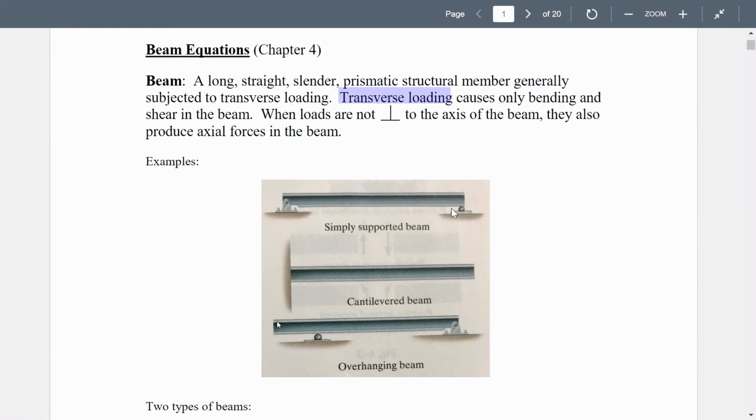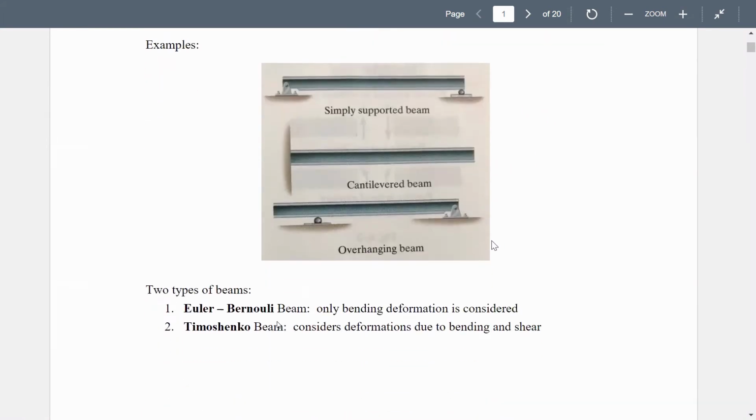To solve these beam problems, in general, we have two theories that help in this process. One is Euler-Bernoulli, one is Timoshenko. Euler-Bernoulli considers deflection due to bending only.